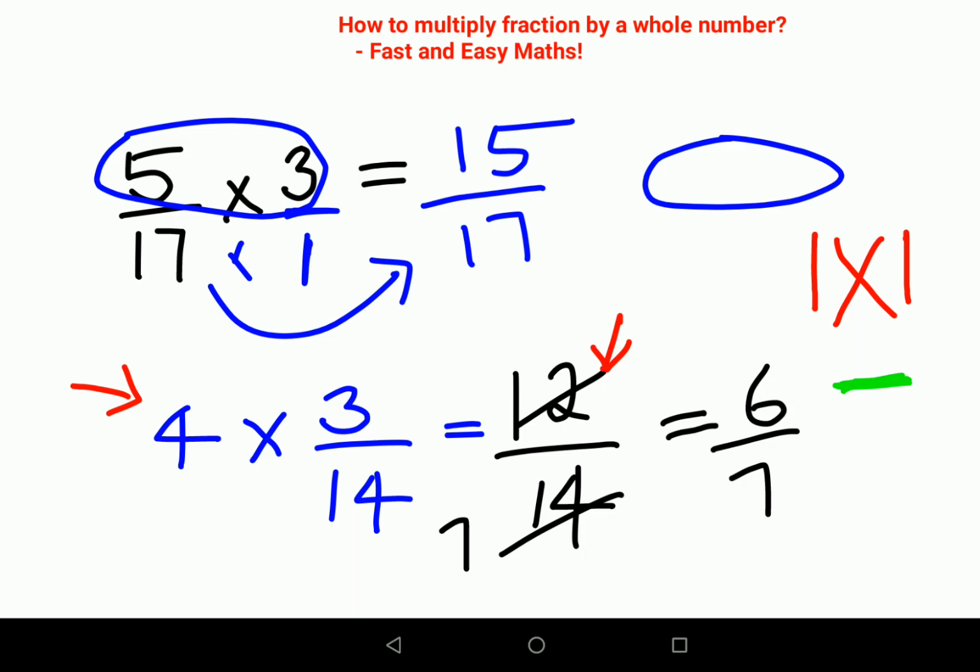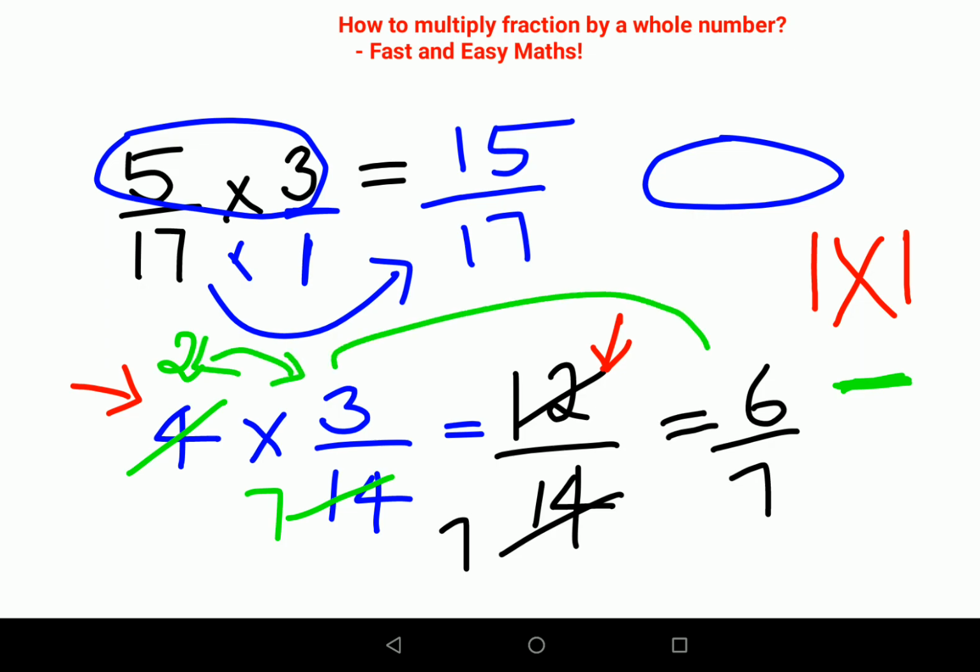So in this case I could have cancelled, and this would have become 2 twos are 4 and 2 sevens are 14. Then all you had to do was 2 into 3, that gets you 6, and this 7 comes as it is. Either you do the cancellation at this step or at this step, that's fine. Whatever works with you all is absolutely okay.